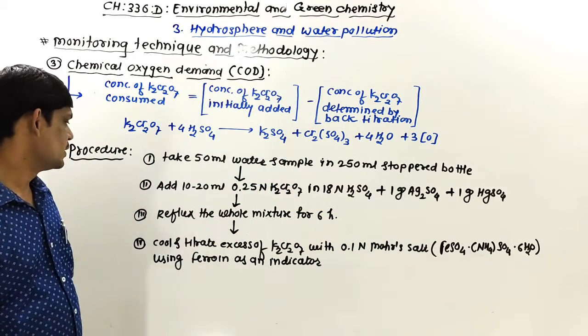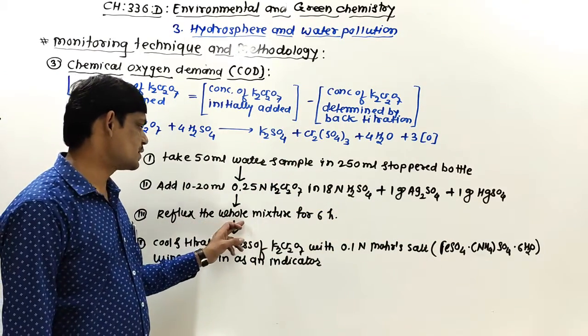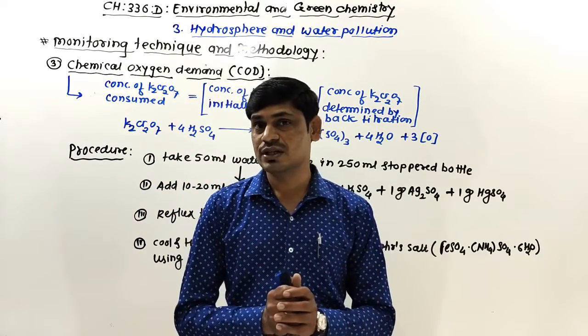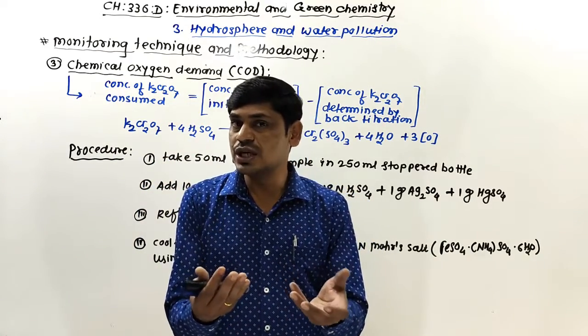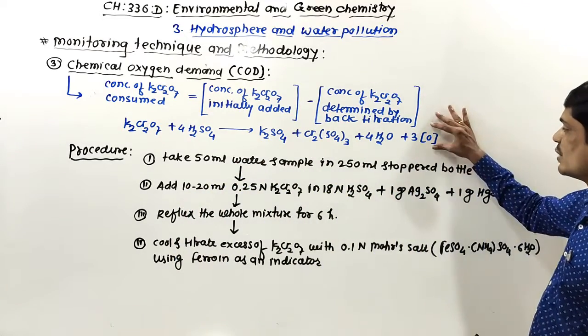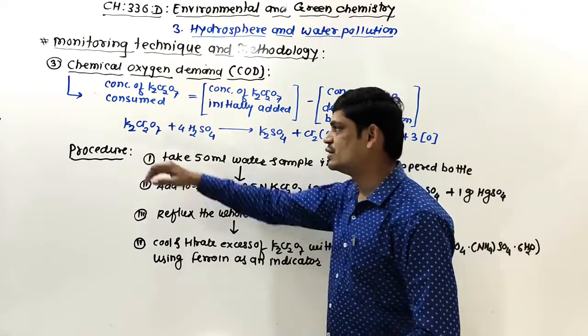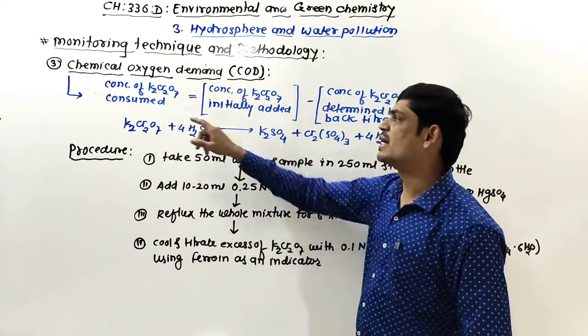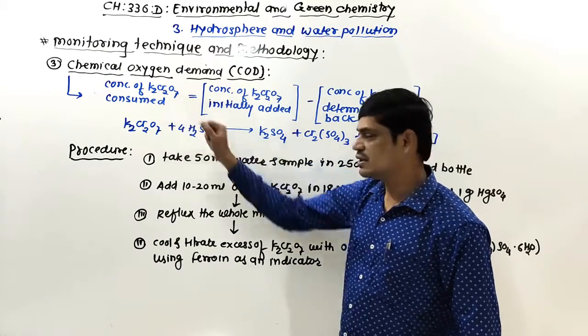After that, the solution is refluxed for 6 hours. During this refluxing, the organic matter undergoes oxidation. It means it consumes the liberated oxygen. It means it consumes the potassium dichromate, and this consumed potassium dichromate is calculated by using this formula.